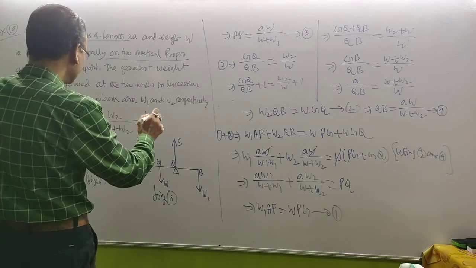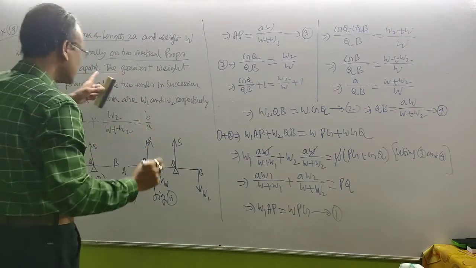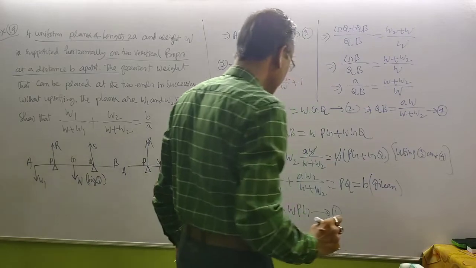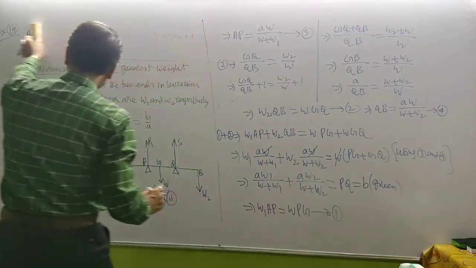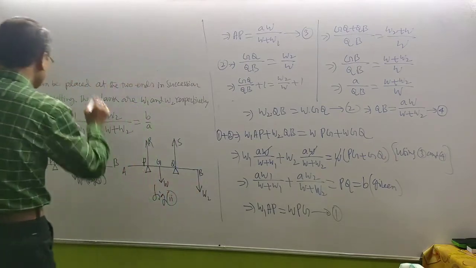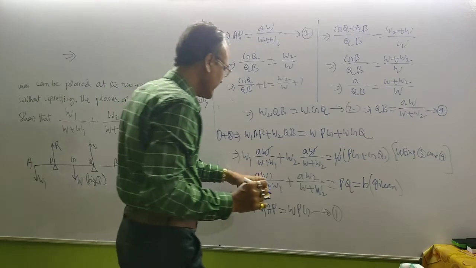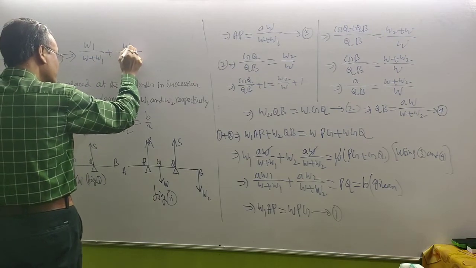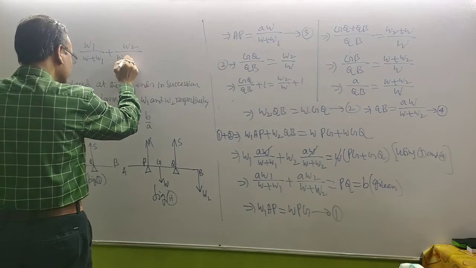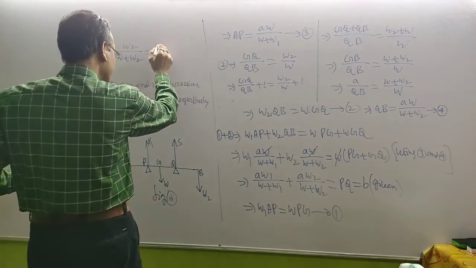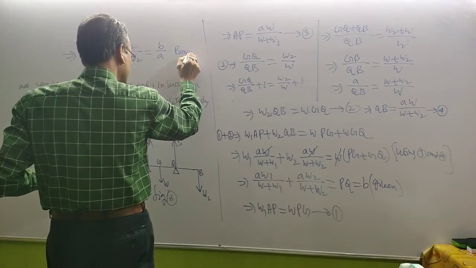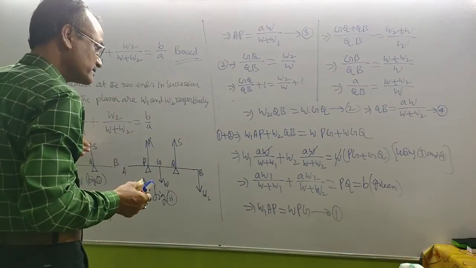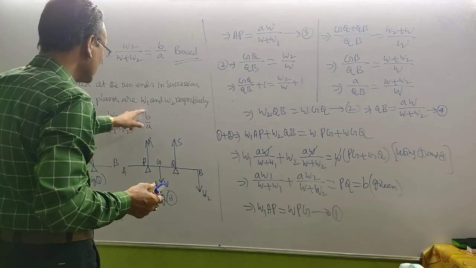PQ is given to be equal to B, the distance between P and Q. Dividing by A, W1 by W plus W1 plus W2 by W plus W2 equal to B by A. Proved.